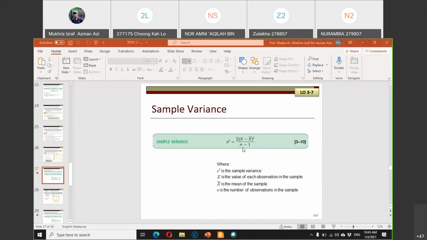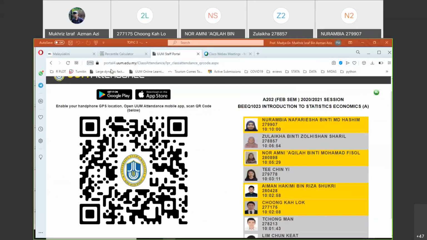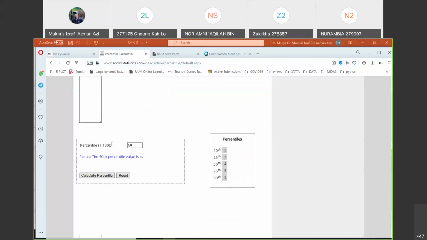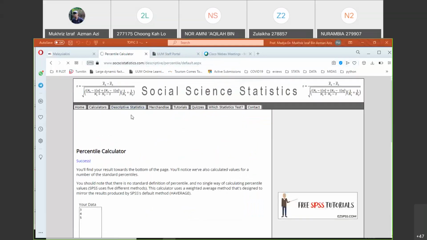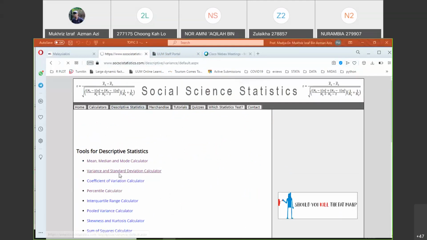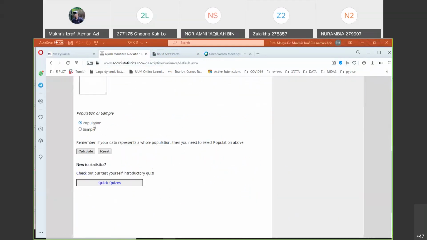So this is the main change, beside the symbol, sigma square versus s square. In terms of the calculation process, in the online calculator you need to choose the right option. For example, here in the calculator you have the options whether to use population or sample. If the data refers to population data, you choose population.